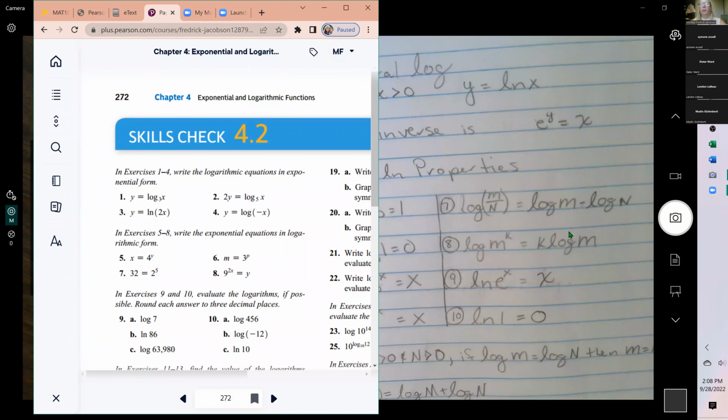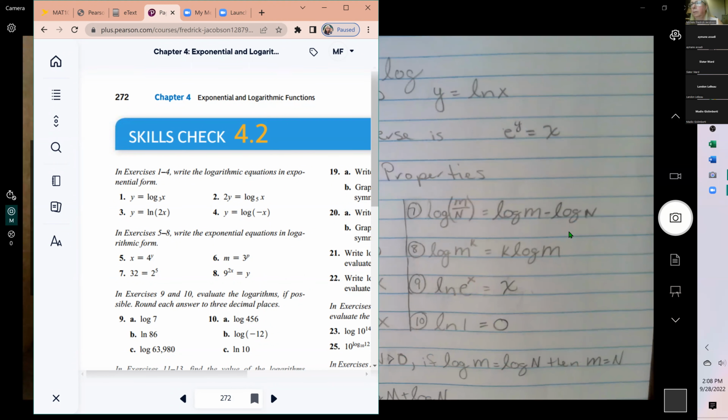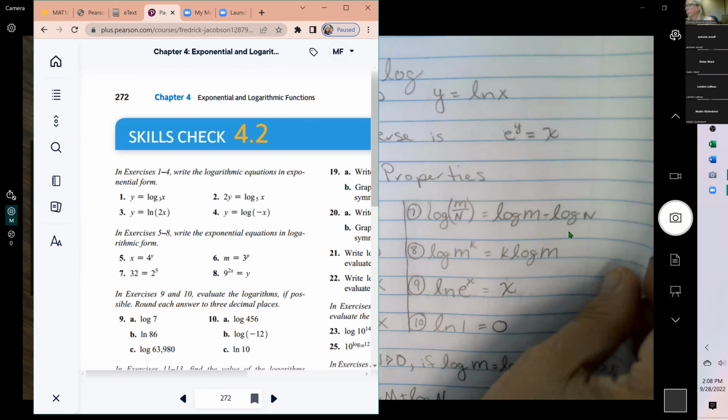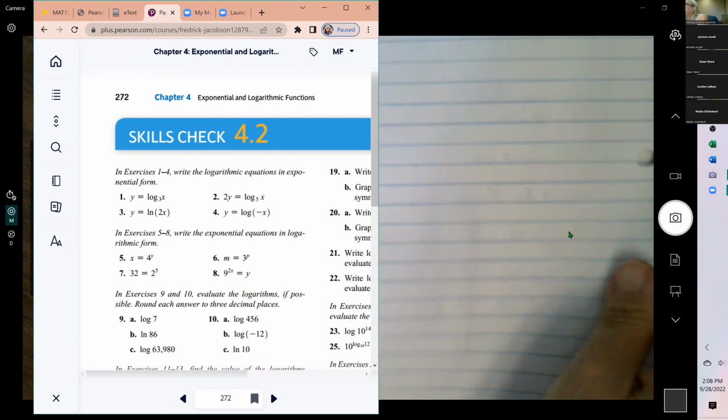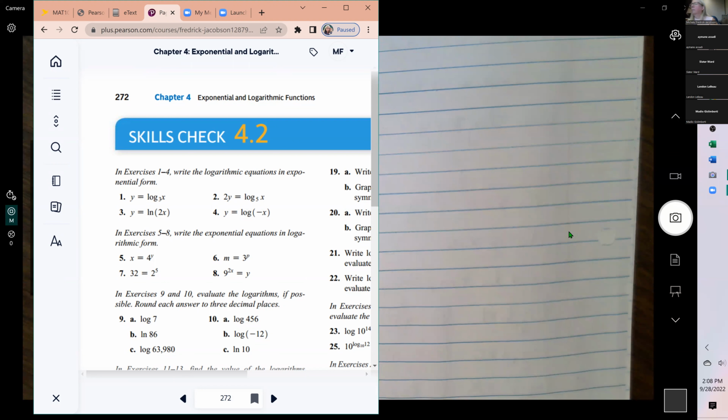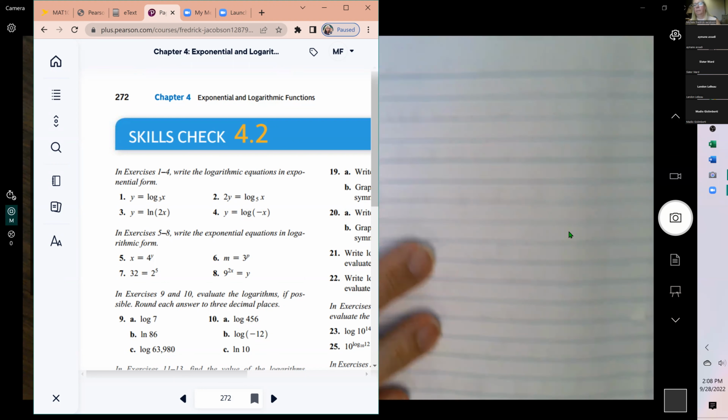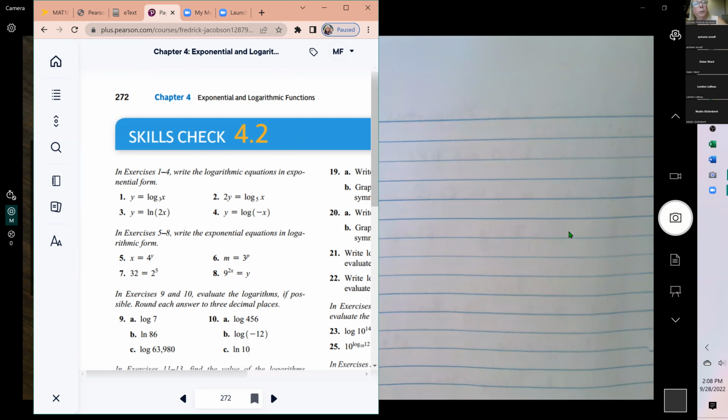Okay, let's try some problems. So the first couple, we're going to just rewrite them.